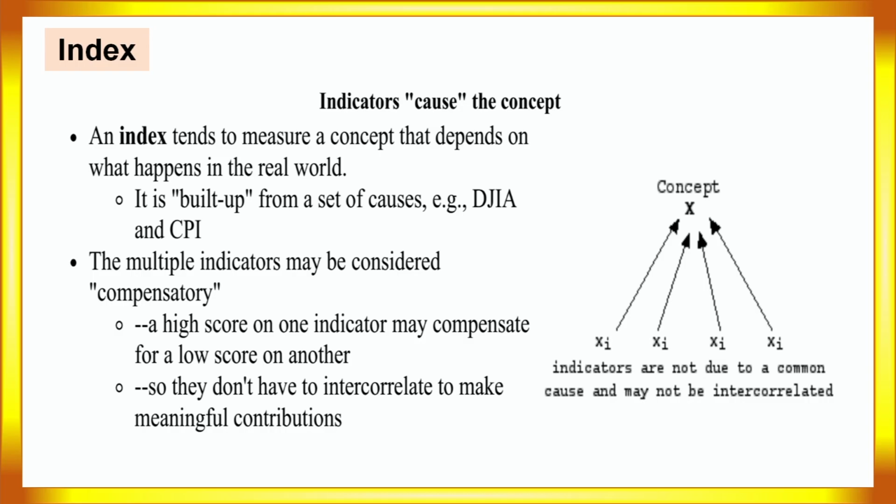If they are intercorrelated, then there is a problem of multicollinearity. Secondly, they are compensatory in nature, meaning a high score in one indicator will be compensated by a low score in the other indicator.